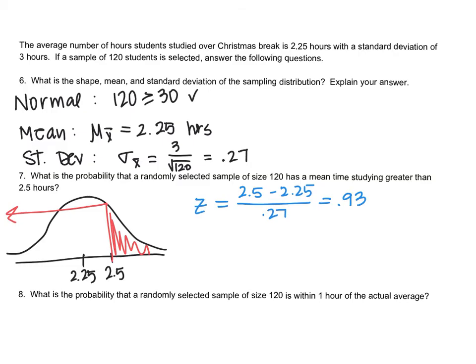So when we go into normal CDF, we use our lower bound as the -1e99, our upper bound as the 0.93, and we get an area of 0.8238. And again, it says we want greater than, so we have to do 1 minus 0.8238. And we get a probability of 0.1762.